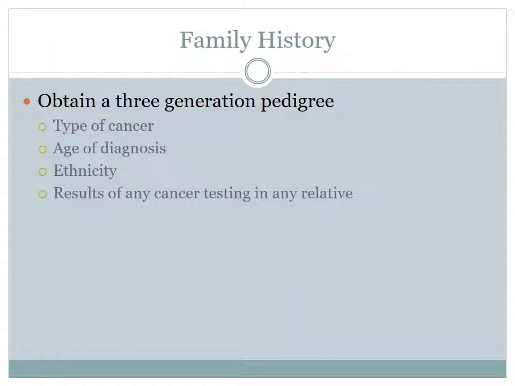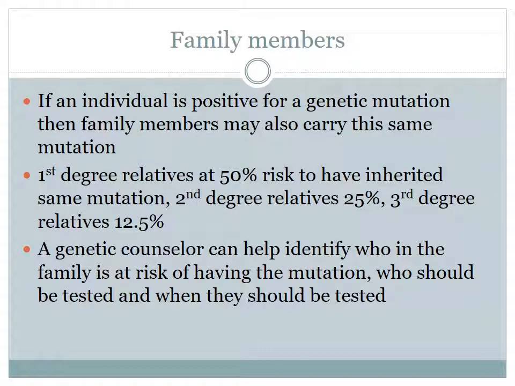When taking that 3-generation pedigree, which is a very powerful tool, you will always show the type of cancer, the age of diagnosis, the ethnicity, and the results of any cancer testing in any relative, whatever you may find out. If an individual is positive for a genetic mutation, then family members may also carry the same mutation.